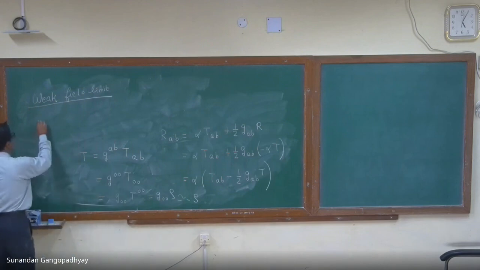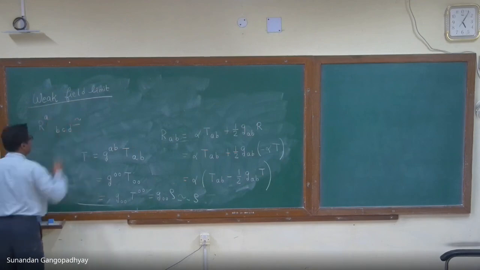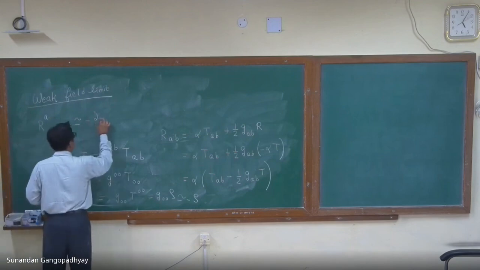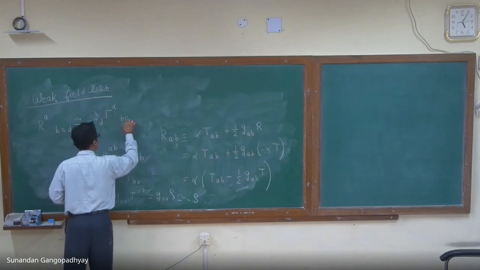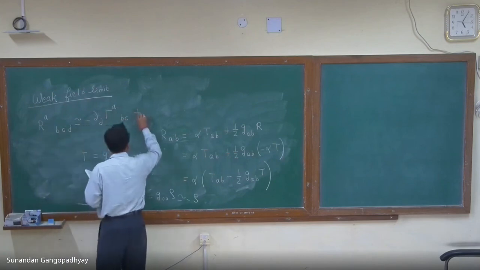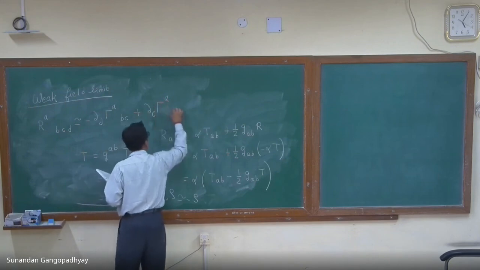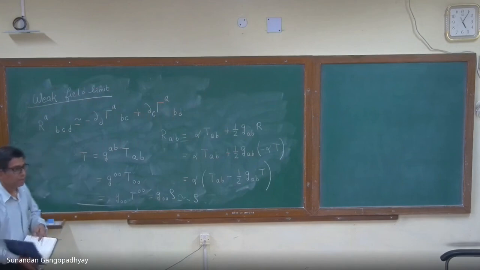How can you do that? R^A_BCD will be minus del_D gamma^A_BC plus del_C gamma^A_BD. Correct? Is this okay? In the weak field limit.